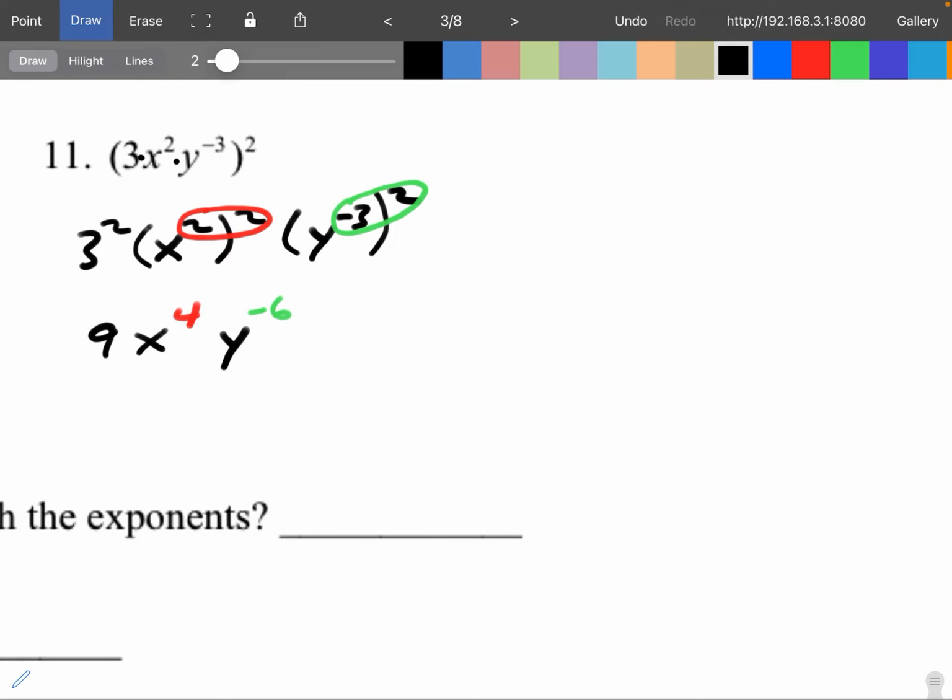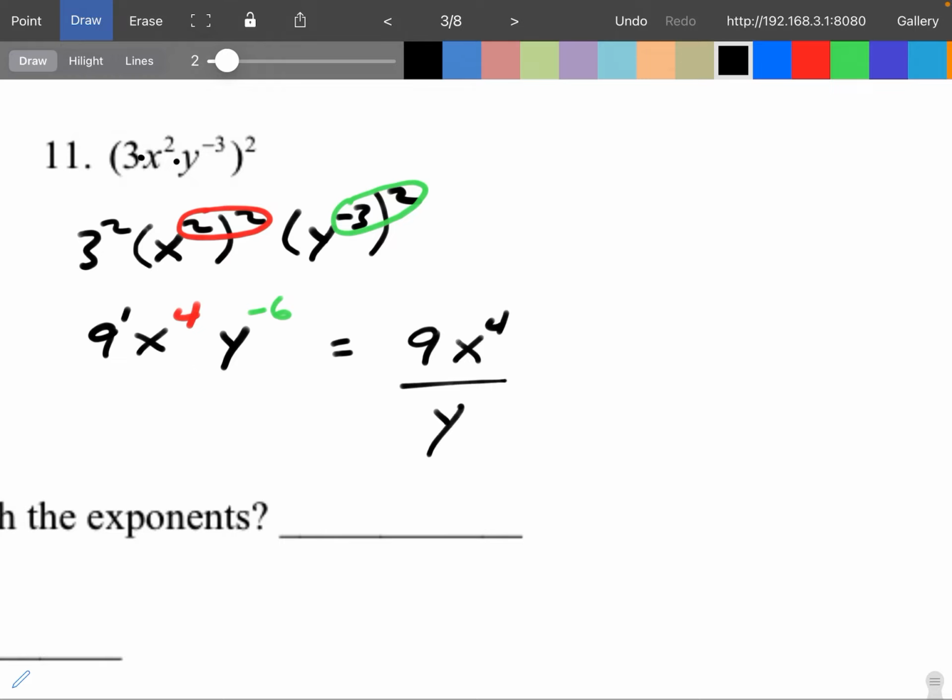And then, let me write it out. So now what's the power on the 9? That's a 1, right? So if it's got a positive power, you leave it where it's at. So the 9 stays in the numerator, the x to the 4th stays in the numerator, but then the y goes in the denominator. What's the power on the y?